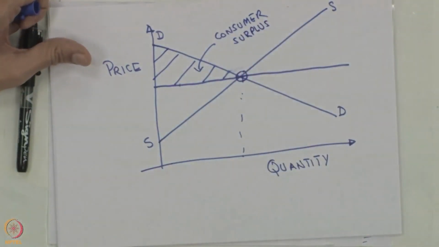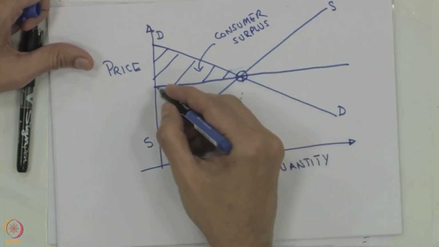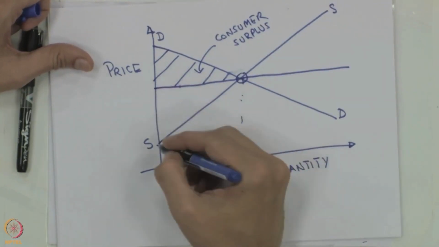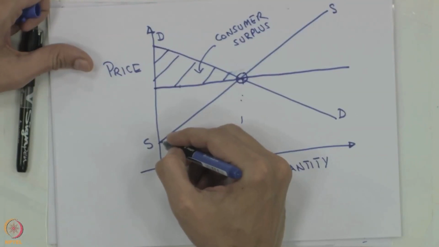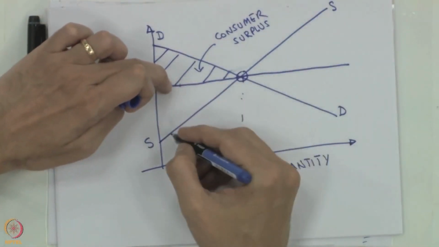In a similar fashion, if you look at a producer, the producer is getting this price, but the producer was willing to produce at a lower price as it goes on. So, at any point of time you are getting this price, but you are willing to produce at less.